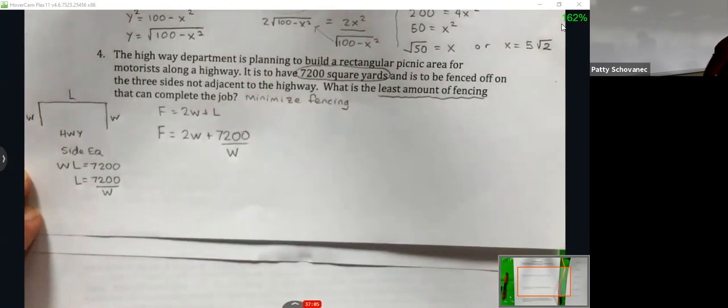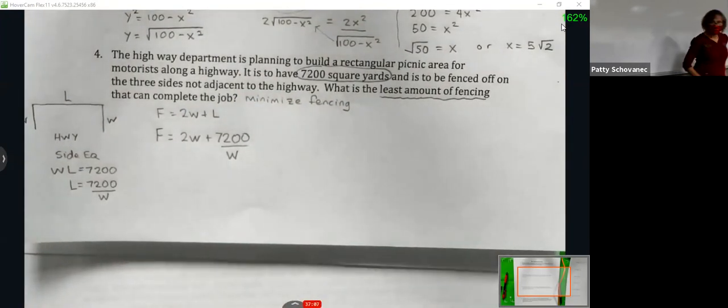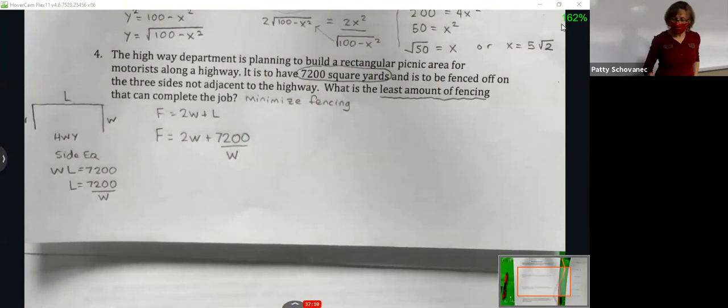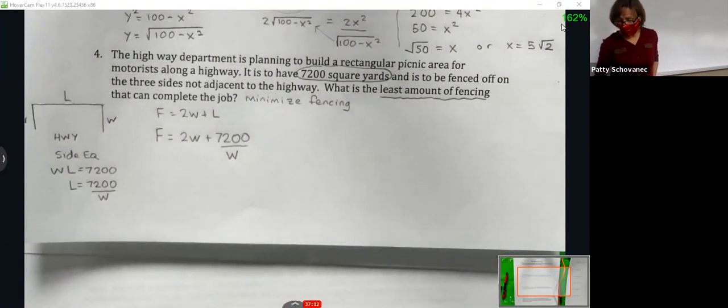Here's where I let you play with it for a while. 2W plus 7,200 over W is our objective function.